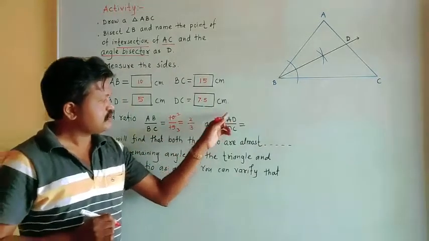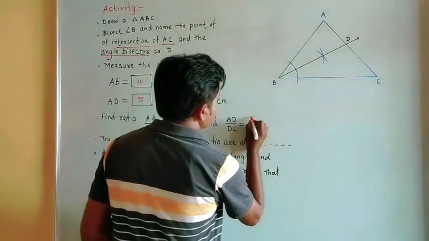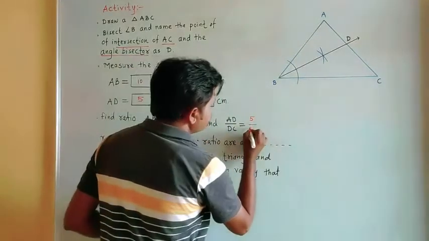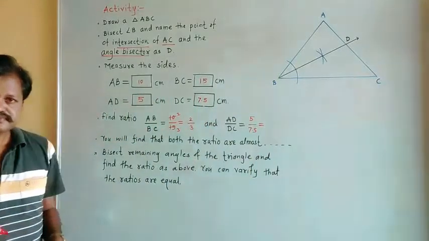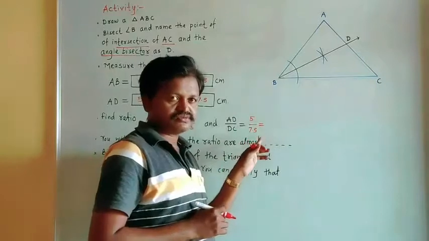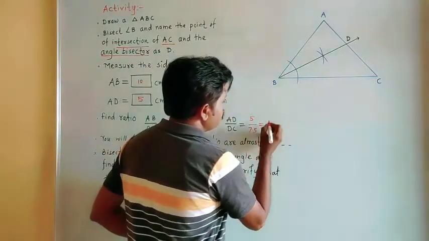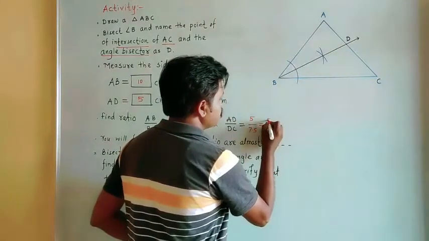And you find out AD upon DC. So AD is 5 and DC is 7.5. Now simplify this. You neglect the decimal point, 7.5 becomes 75 and 5 becomes 50.